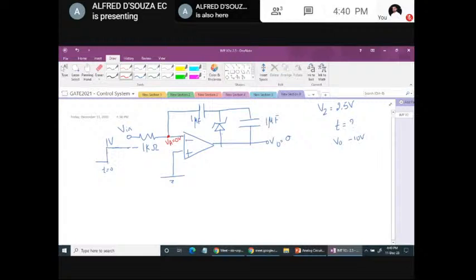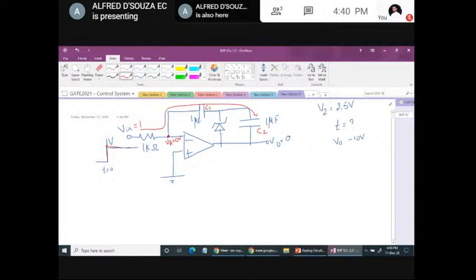Once the input is made 1, initially the capacitors are discharged. So current will start to flow in this path and the capacitor charges. The Zener diode is not yet reverse biased because the voltage across this capacitor is still 0. It will charge, I'll call this capacitor C2 and this capacitor C1.